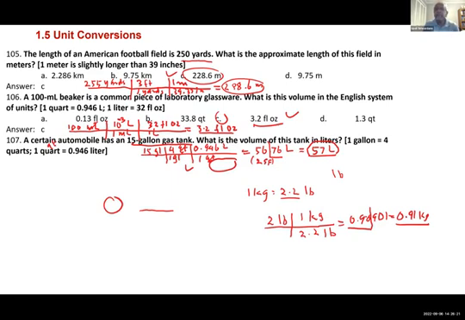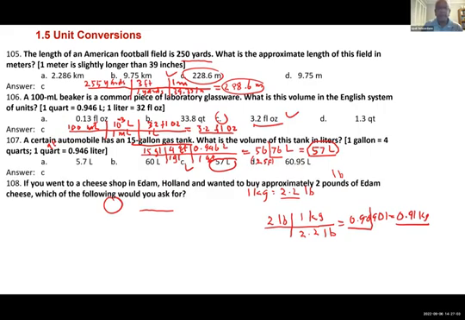Roughly, 1 gallon has 3.7 liters. 1 gallon has 4 quarts. 1 quart is 0.9446. 4 times that is a little less than 4. So that's how I got this number, 57 liters. A liter is a smaller unit than the gallon.